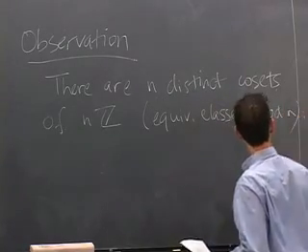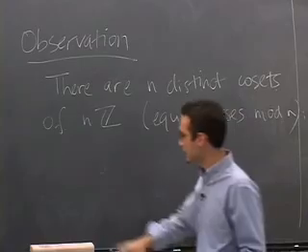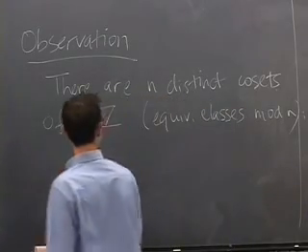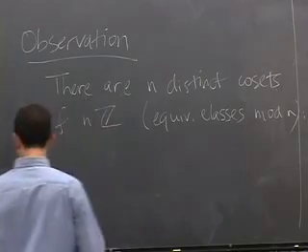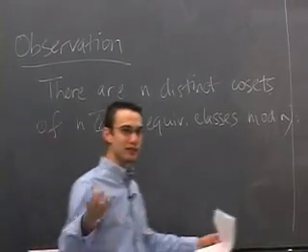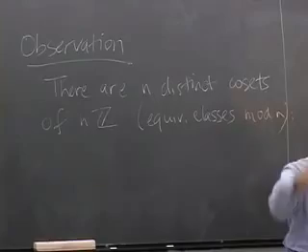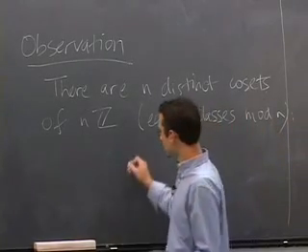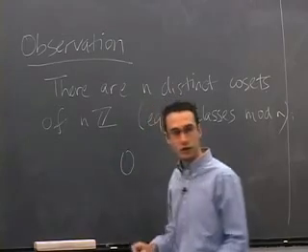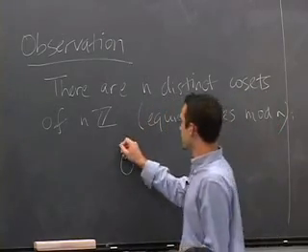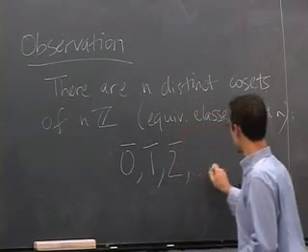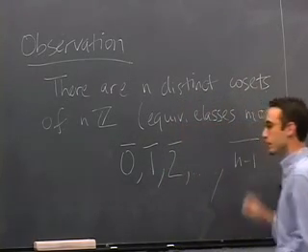These are all redundant ways of saying the same thing, but you'll hear them all, so it's good to practice hearing each. So what are they? Well, can somebody list them? Go ahead. nZ, 1 plus nZ. Right. Or in a shorter notation, 0 bar, 1 bar, 2 bar, up to n minus 1 bar.